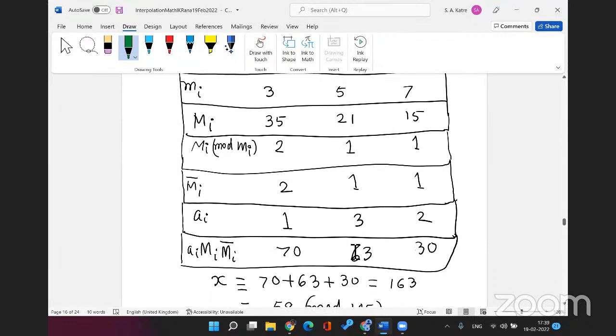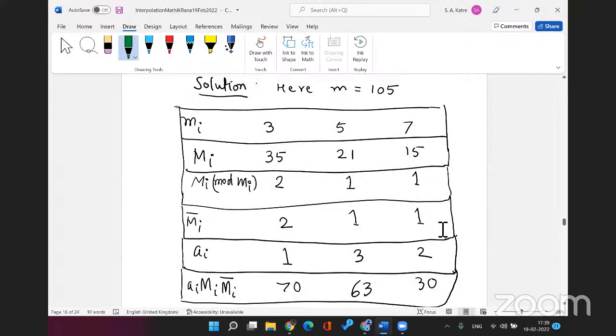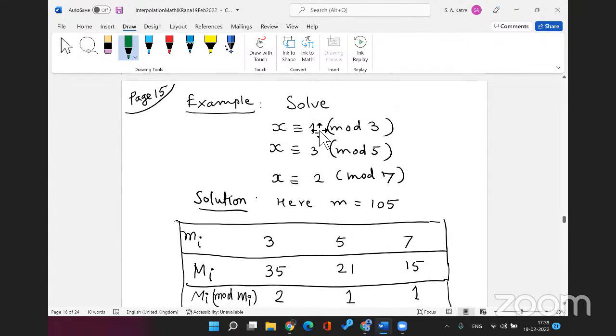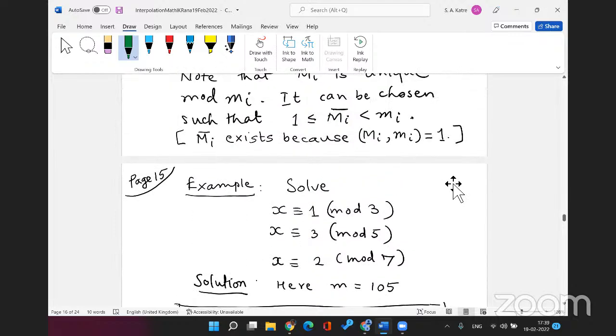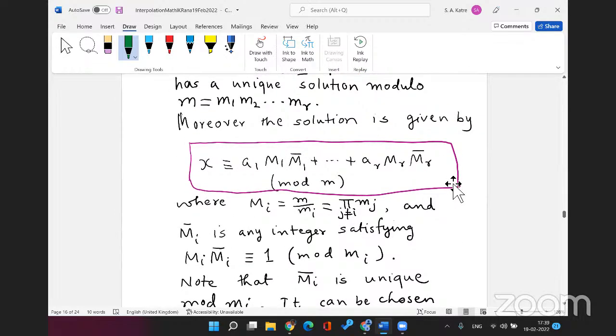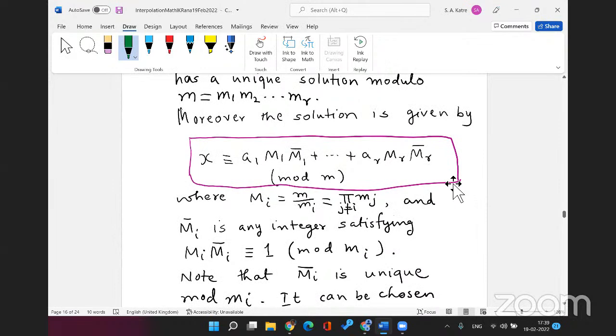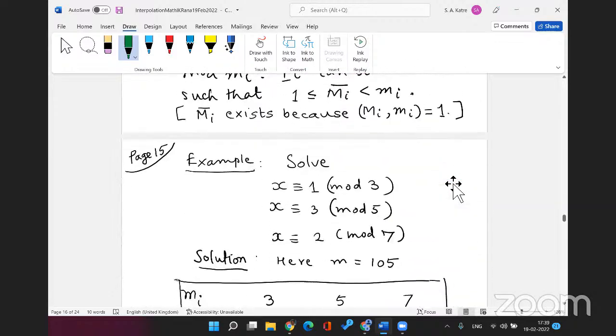No problem for us. Now the Ai are 1, 3 and 2 in our problem. So our formula is A1, M1, M1 bar, A2, M2, M2 bar, AR, MR, MR bar. So let us do that.